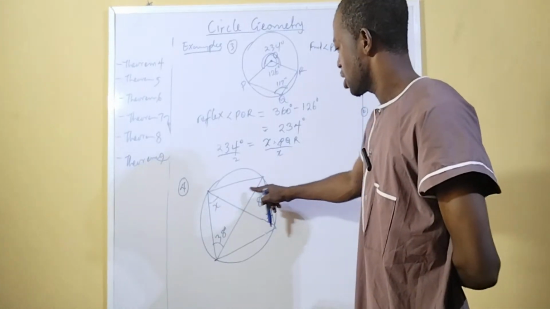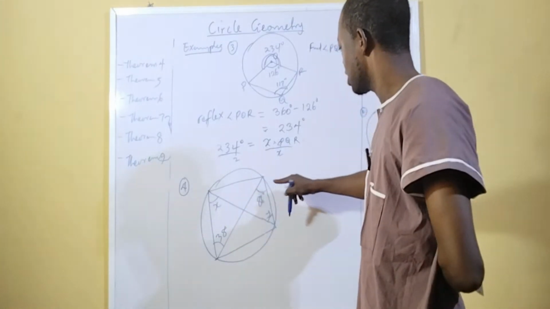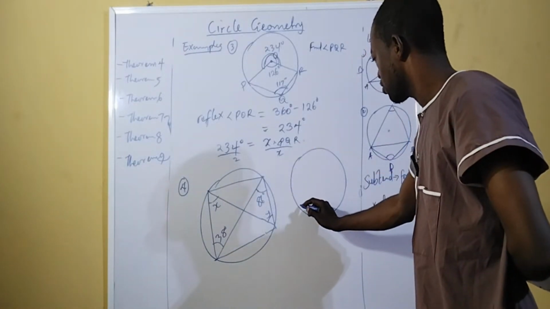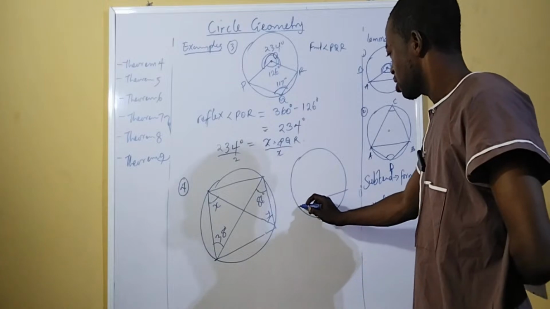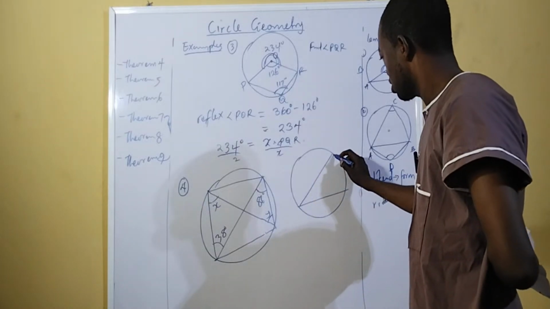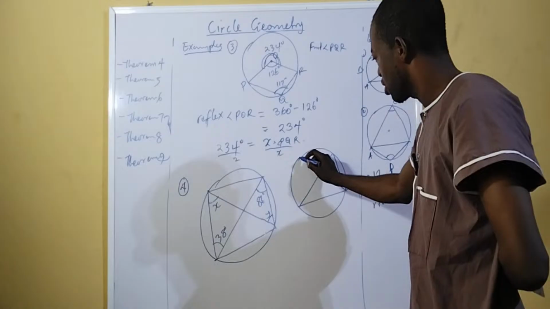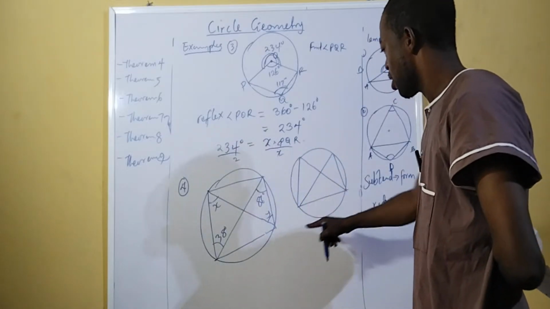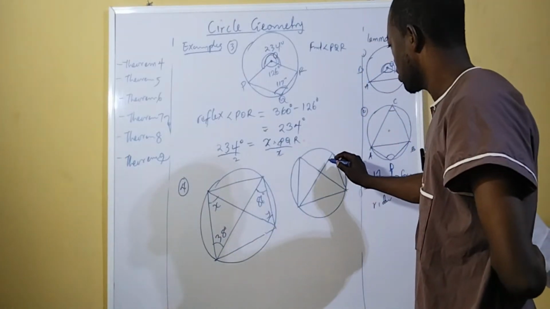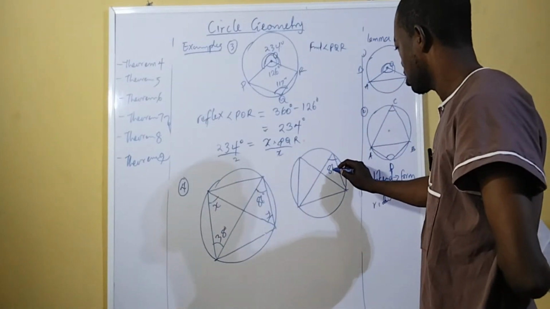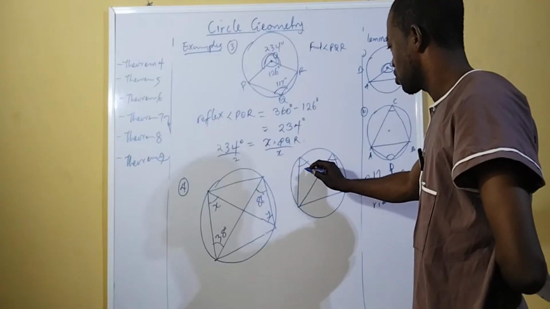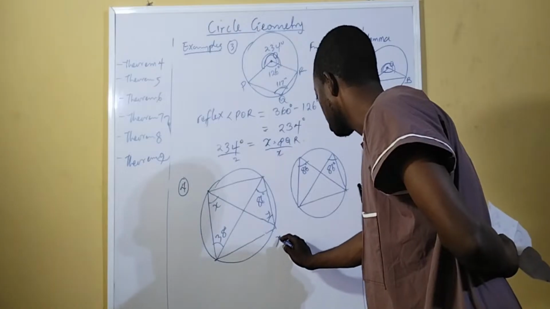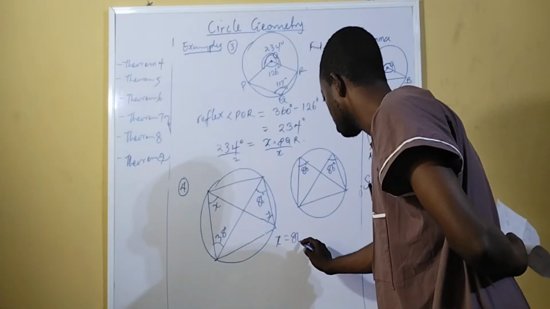This angle and this angle lies on the same segment. Just like when we draw it out, and we have something like this. That is, you have this angle here and this angle here. So these two angles lies in the same segment by this chord. So whatever this angle is, 86 degrees, this angle also will be 86 degrees. So which means here that simply x equals 86 degrees.